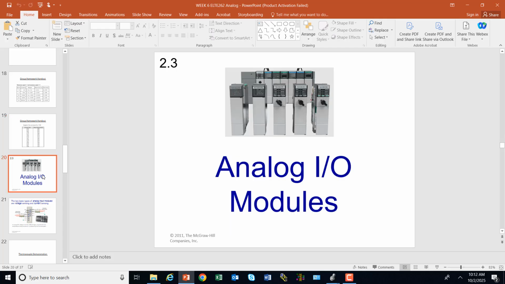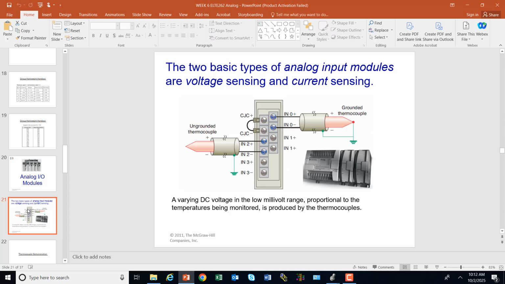Okay. All right. So moving on, we're going to be talking about our analog I/O modules in our programming. The two types of analog input modules are voltage sensing and current sensing. We're going to start this week using voltage sensing. It's all set up on the controller where it's going to read voltage.